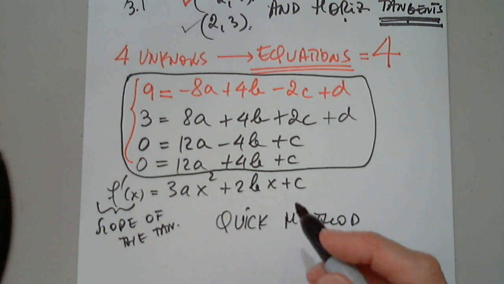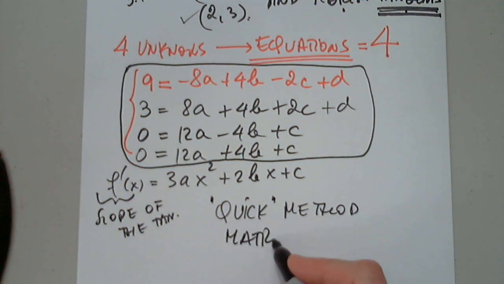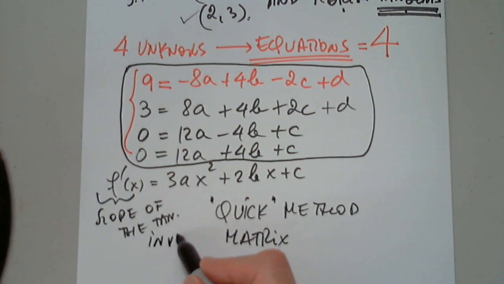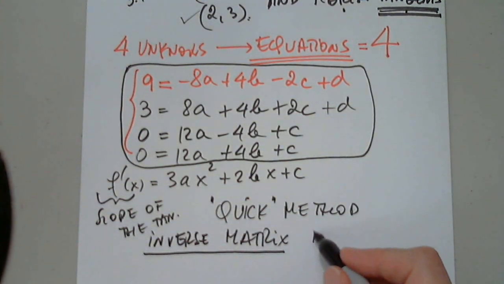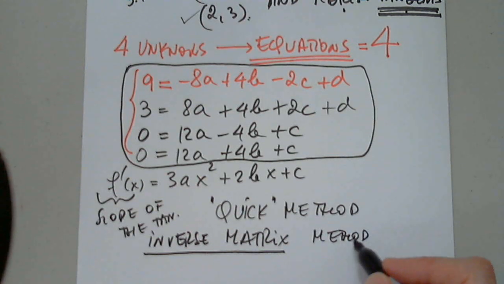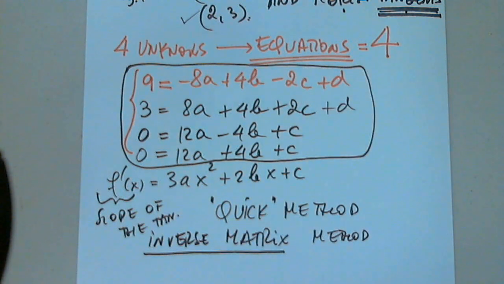The quick method, it's not called quick, it's called the inverse matrix method, a matrix method. It's quick, but it's not called quick. It's much quicker than anything else that I can show you today.